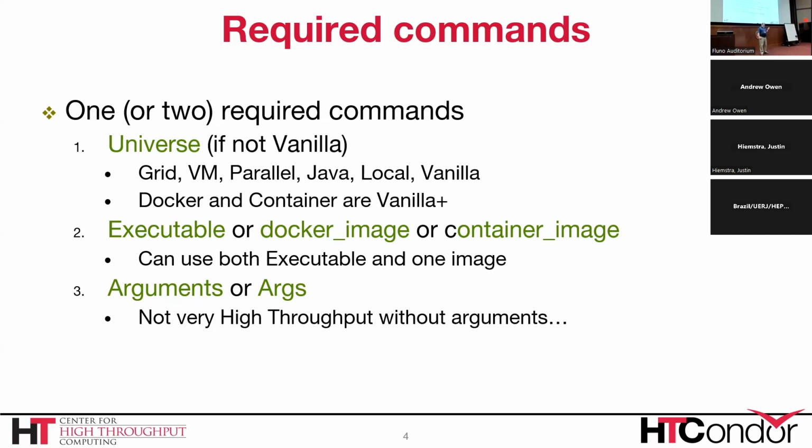I should point out, we do have a universe called Docker and container. Those aren't real universes. We call them toppings. These are universes in the sense of submit. These turn on specific submit commands. But then the universe that we hand off to the rest of Condor to process is just vanilla.